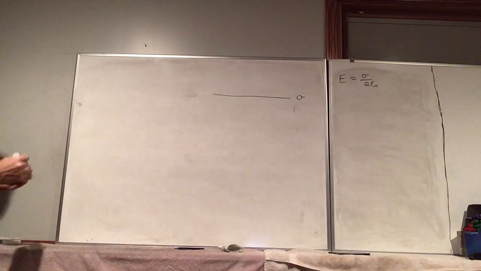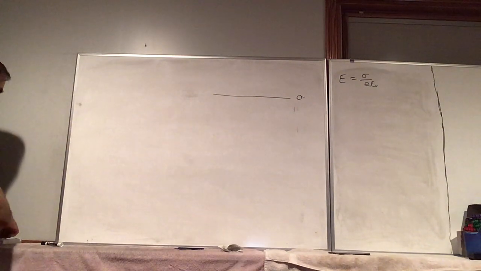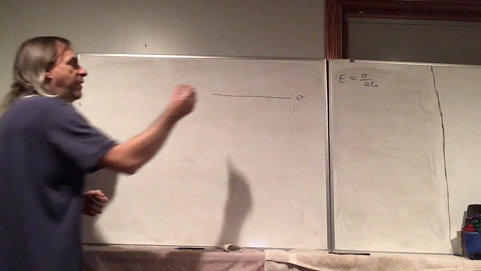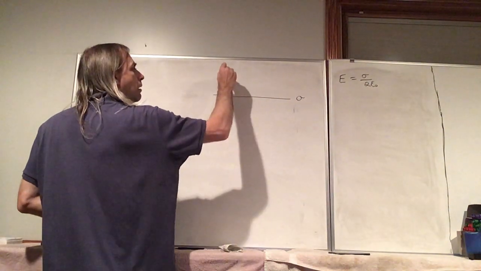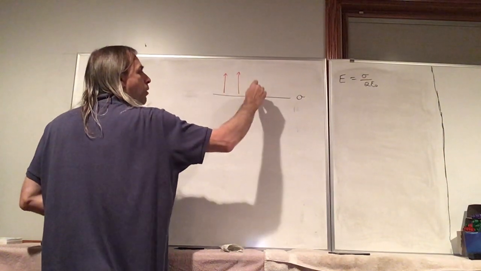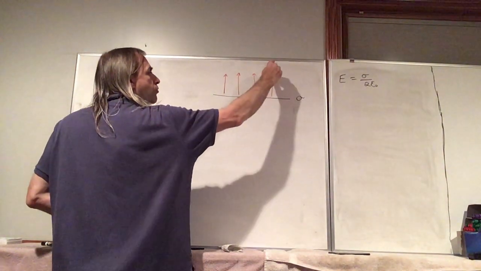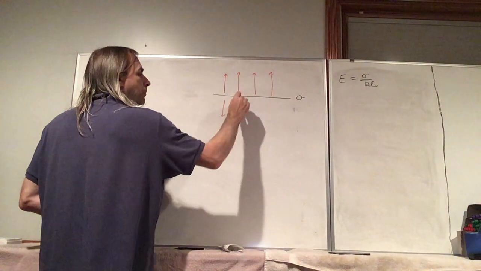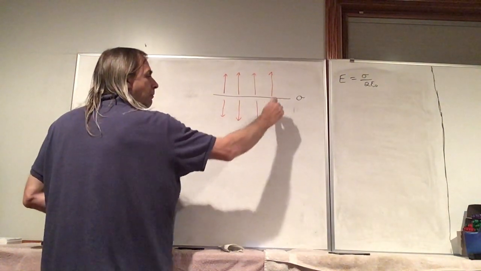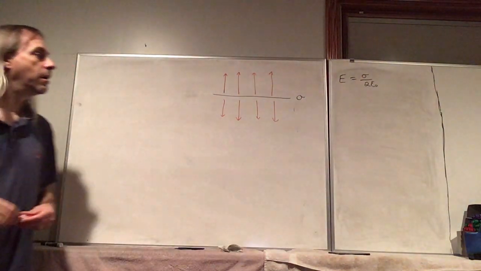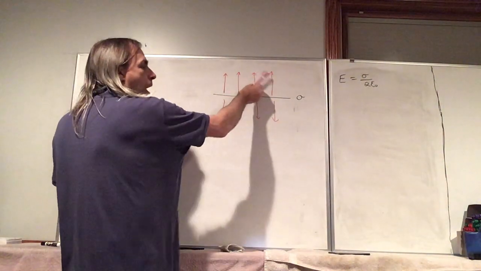And one thing we have to state from symmetry is that the electric field has to be perpendicular to the plane. And again, that is true. It has to be true because of symmetry. Like it can't say point to the right.